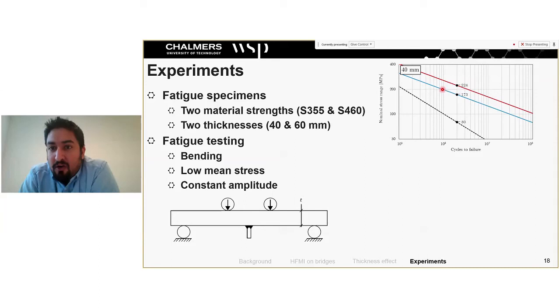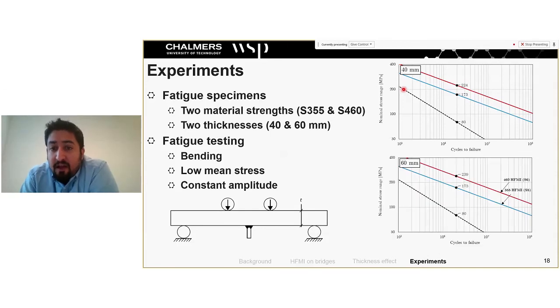And if we go on to the 460 steel, that is suddenly more than 3 million cycles before failure. It's a dramatic improvement. And the improvement is actually very similar for the thicker plates.